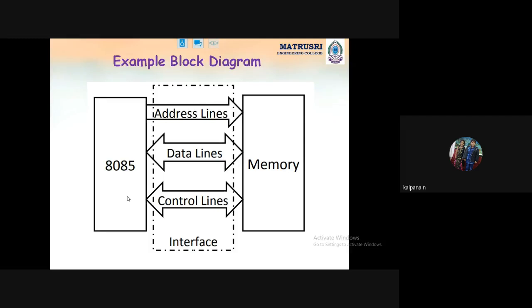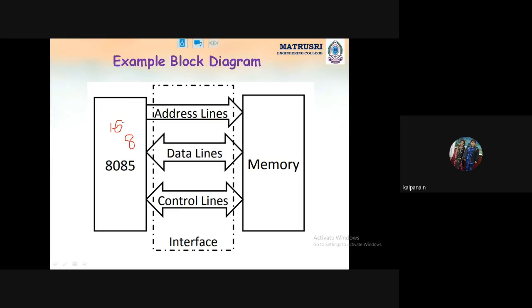All the address pins. How many address lines does the 8085 have? 16 address lines and 8 data lines, right?